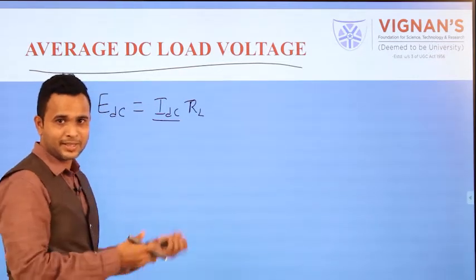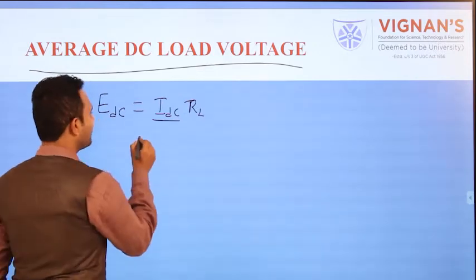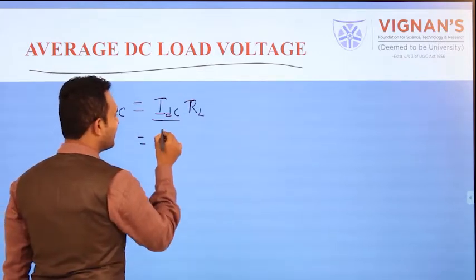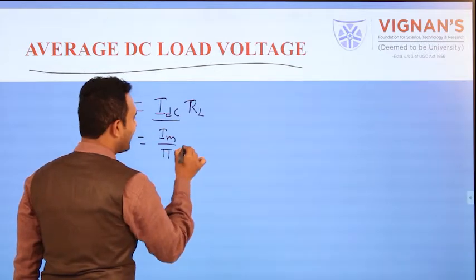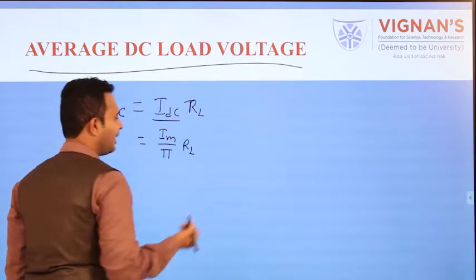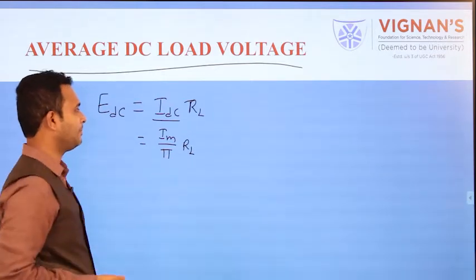In the previous slide I already explained what IDC is. IDC equal to Im by pi into RL. So what is Im?